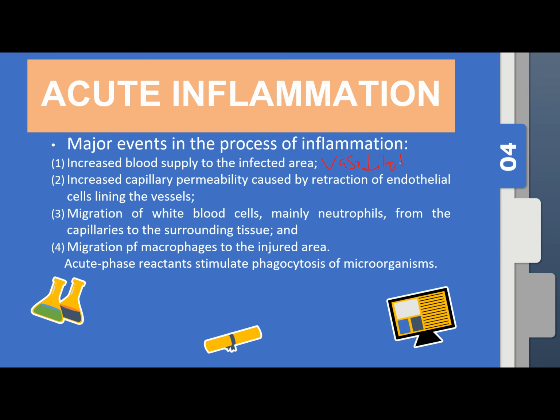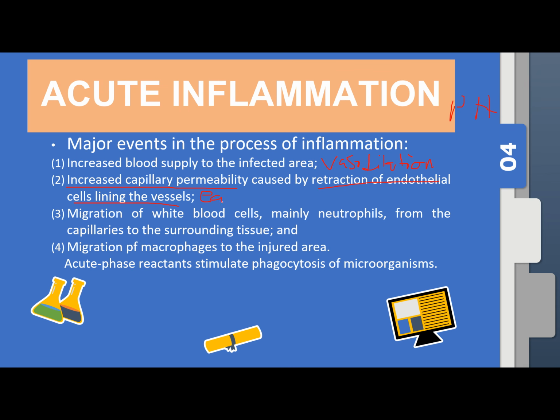In your HEMA 2, I believe it was discussed that in your primary hemostasis class, whenever there would be an injury or inflammation, there would be increased blood flow via vasodilation. Then increased capillary permeability caused by retraction of endothelial cells lining the blood vessel. So the capillary walls or the blood vessel walls would become permeable.